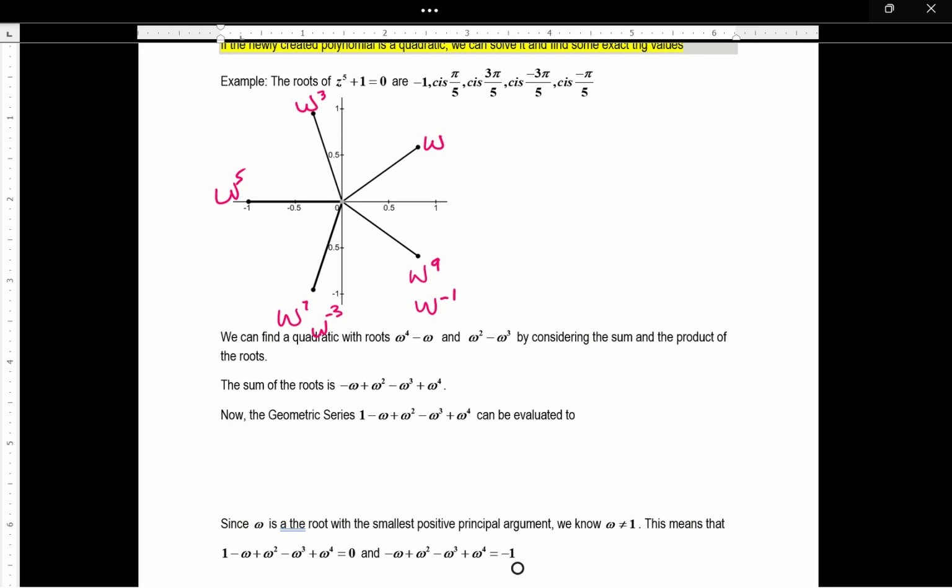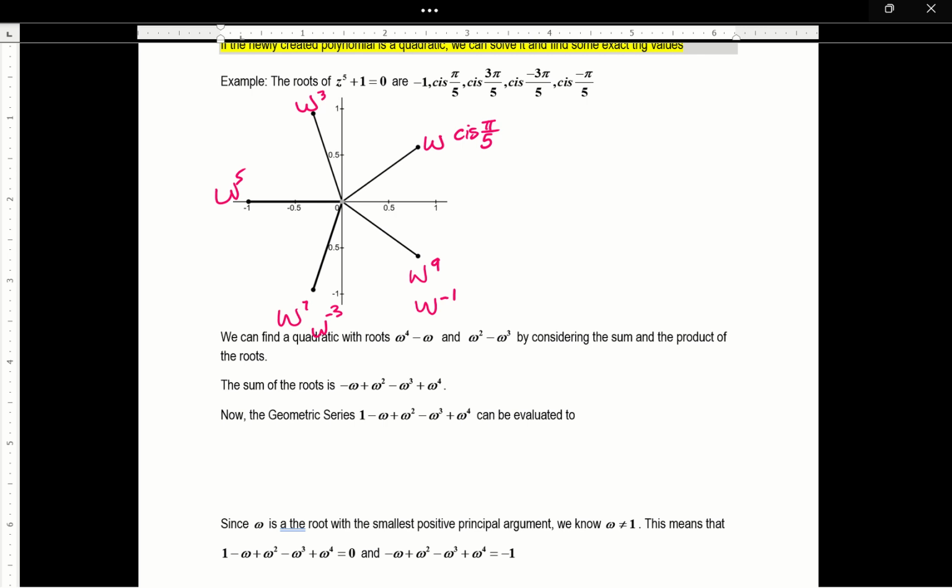Okay. Anyway, we've got those roots of z5 plus 1 all related to each other by calling the one with the smallest positive principal argument, the cis pi on 5 one, we're calling that one omega, and then we can relate all the others to that one.